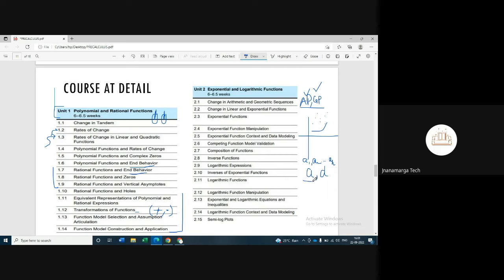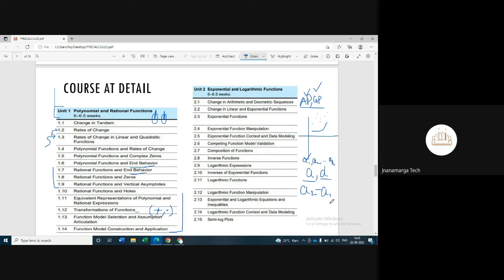So A determines the first term, A1 is equal to A, and D is the difference between the two terms. That is, D will be A2 minus A1. We will be talking about the sum of n terms and the difference of n terms.